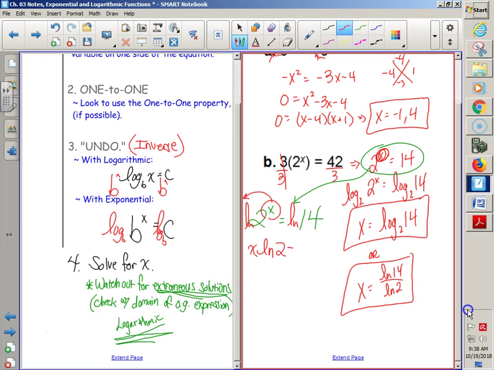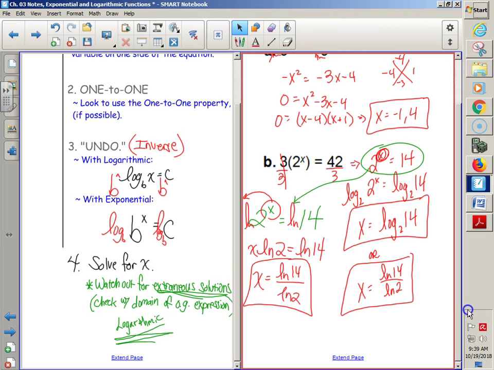So maybe they solved a different way that still used logarithm properties, but didn't use inverse. It used instead the power properties. Say, I'm going to put in a logarithm I like, that I'm familiar with, and solve for x that way. Does this way work? Yep. Does that way work? Yep. You just have to remember your change of base formula, and you'll be fine.